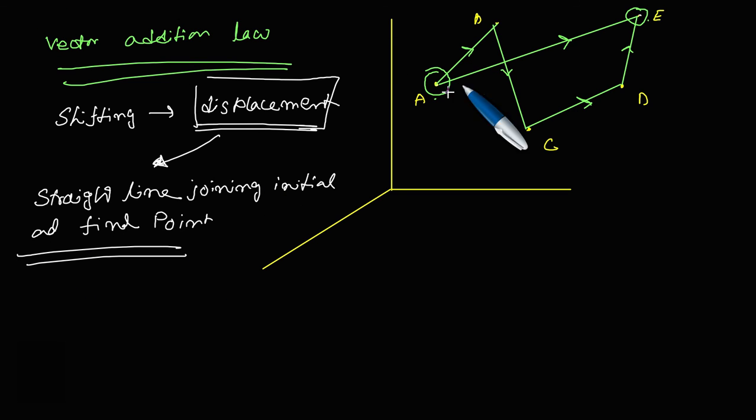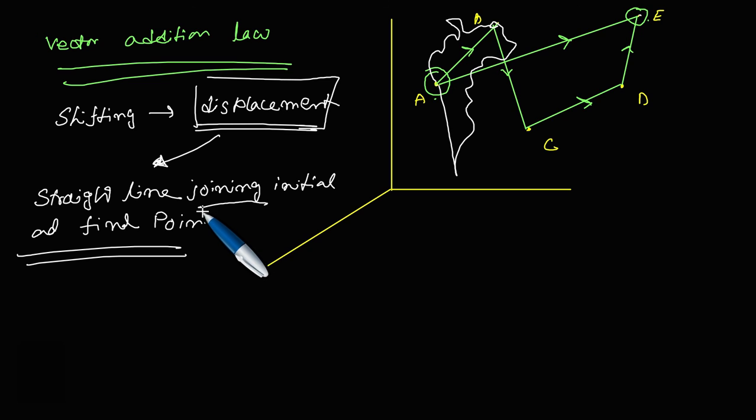So if we say A to B, this vector is the displacement from A to B. You can go from here to here in any path, but the displacement will be this. You can go like this to this point, its displacement is the same because it must be a straight line, as I defined. Why this happens, if necessary, I will discuss later.